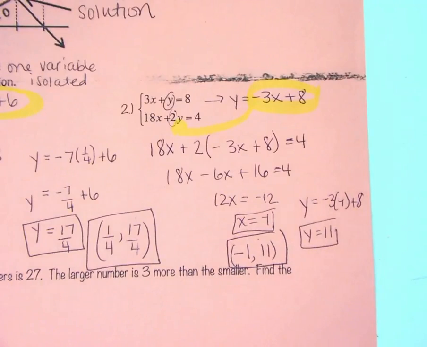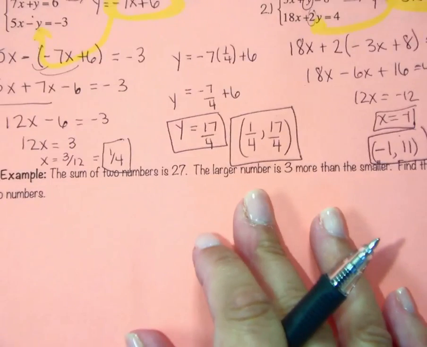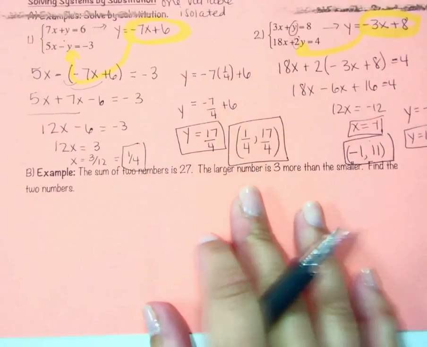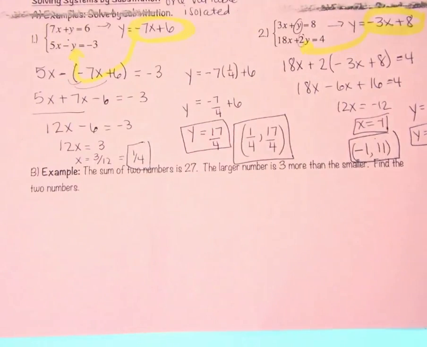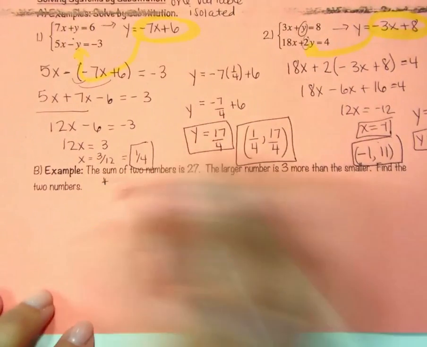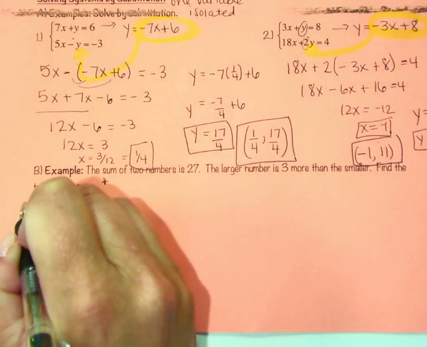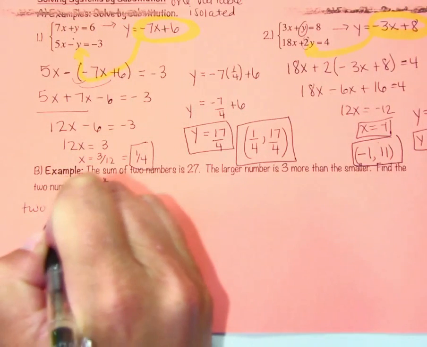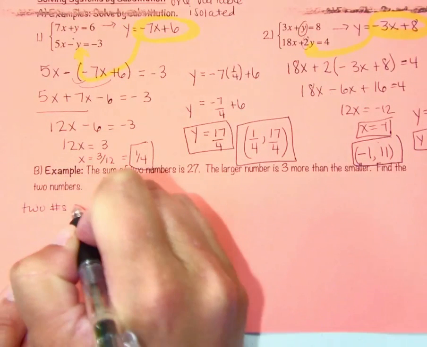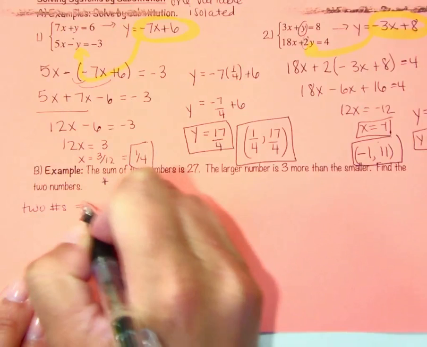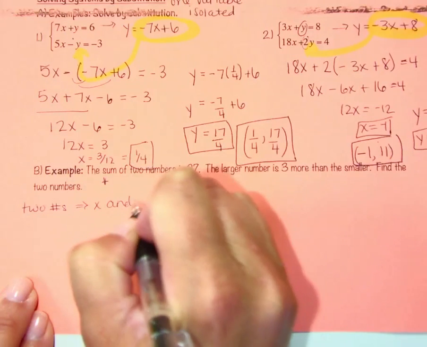Questions? All right, so let's look at a word problem that uses substitution to solve. It says that the sum of 2 numbers is 27. So sum means addition. So let's say that our 2 numbers are x and y.